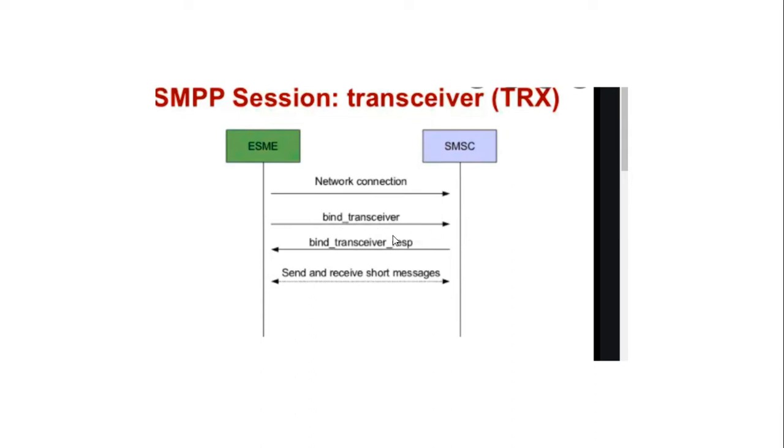It can send various kinds of bind requests: bind_receiver, bind_transmitter, or bind_transceiver, and it gets the response. How to build these messages and send them to the SMPP server, I will show in the next section. Once the bind_transceiver response is received, it can send and receive short messages over SMPP.